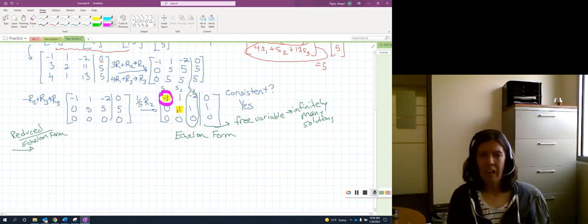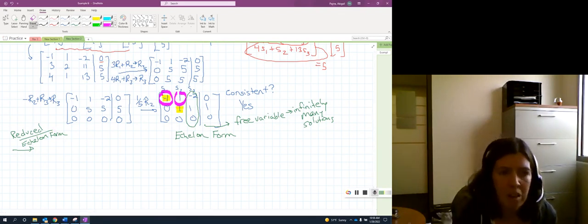And every column that has a pivot, that pivot should be the only non-zero entry in that column. Column 1 would be okay as far as that requirement goes, but column 2, if there's a pivot here in row 2, I need to get rid of that 1 right there. So let me take care of those two things.